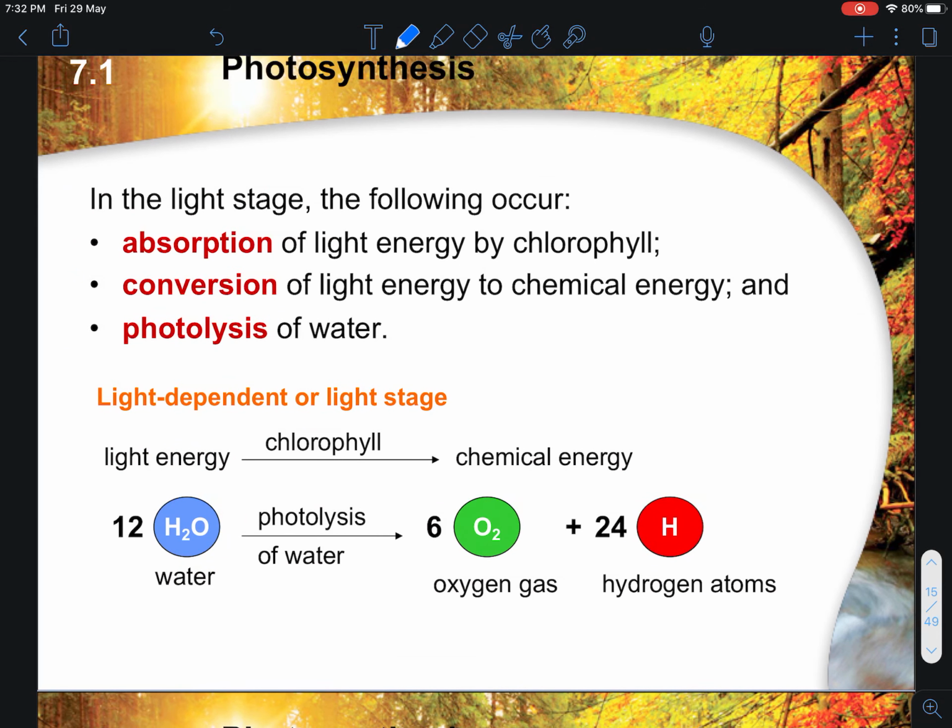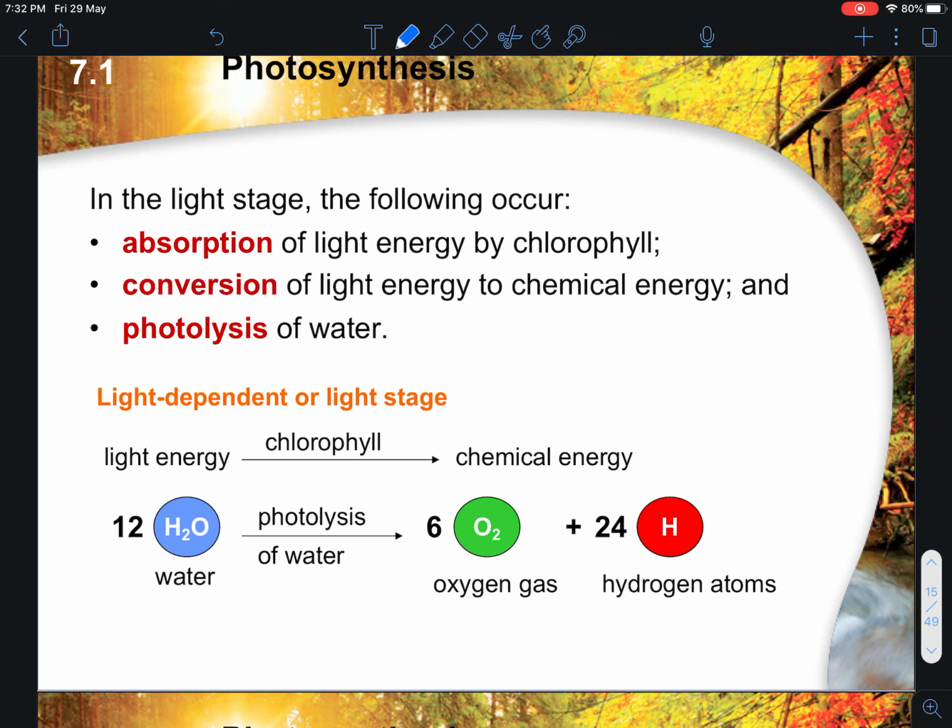So what happens in the light dependent stage? In the light dependent stage, there is the absorption of light energy by chlorophyll. That's the first part. After that, there is also the conversion of this light energy into chemical energy, and the photolysis of water. What is meant by photolysis?